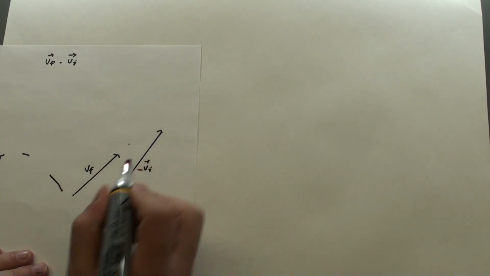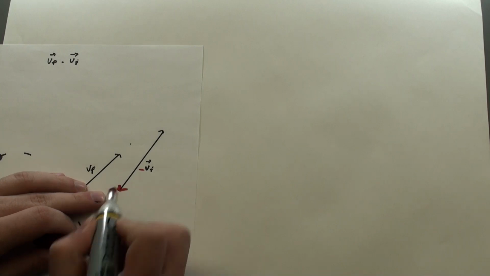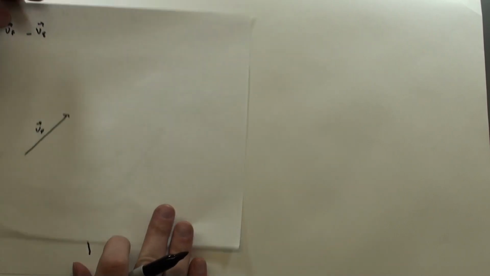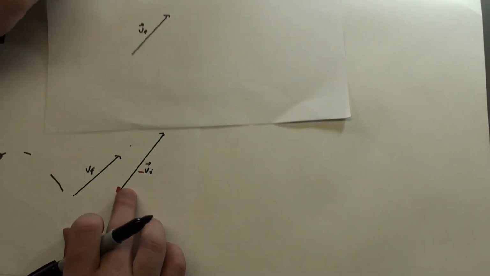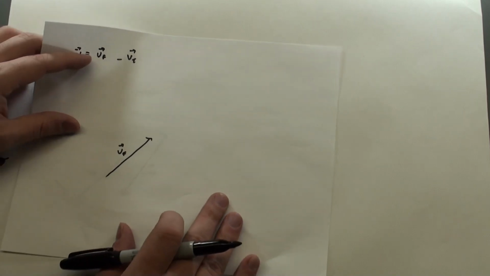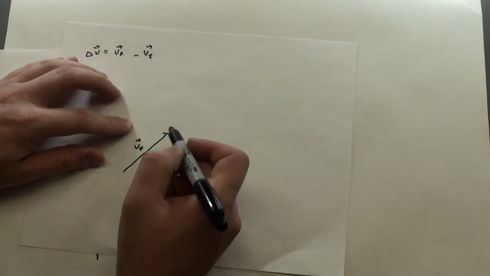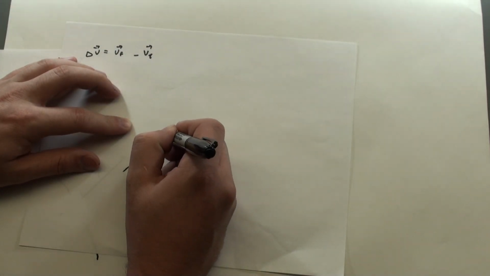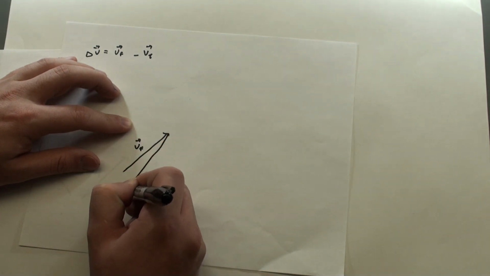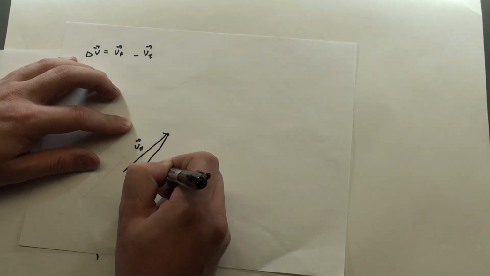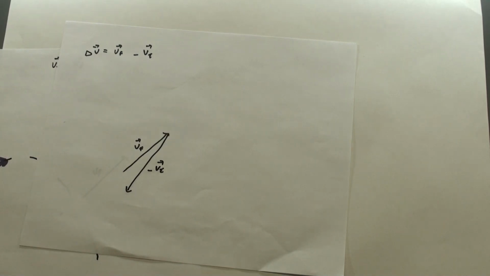So a negative velocity then is simply just this guy right here. So if we then subtract this line from our velocity final, we just go ahead and draw it out using the tip to tail method. And there we go.